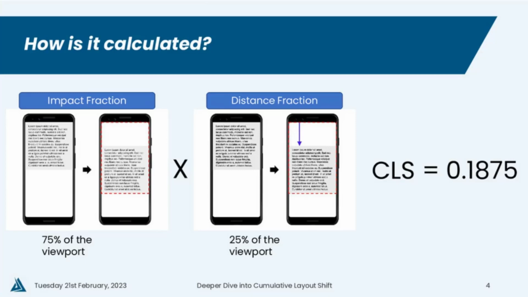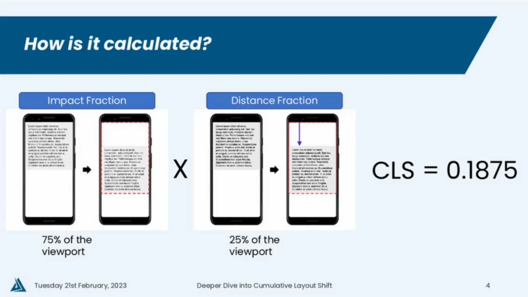For distance fraction, we're looking for the greatest distance any unstable element has moved in the frame, either horizontally or vertically. And then we're going to divide that by the largest dimension of the viewport, either height or width, whichever one is greater. So again, in this example, it's moved 25% down the page. The image has moved 25% down the page, so our distance fraction is going to be 25%. We're going to multiply those scores together.